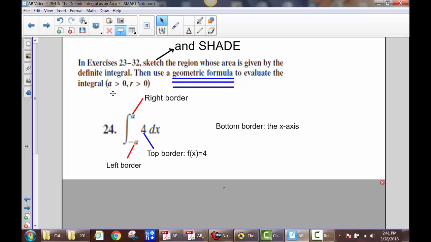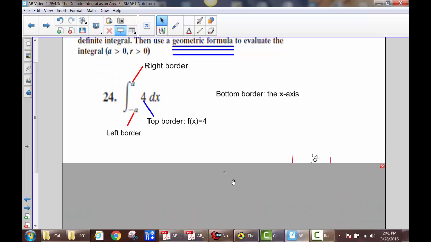Now, they couldn't come up with a number like -5 to 5 or -6 to 6. They had to just use -a to a and tell you a is positive. So the fact that you see an x here tells you that your left border is x equals -a, your right border is x equals a, your top border is f of x equals 4 or y equals 4, and of course your bottom border is the x-axis.